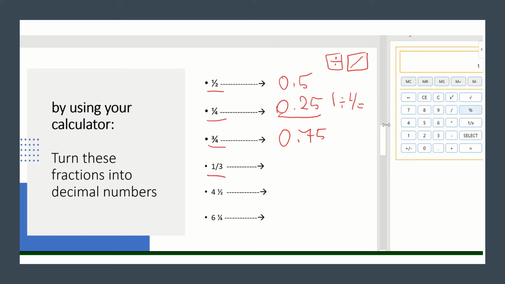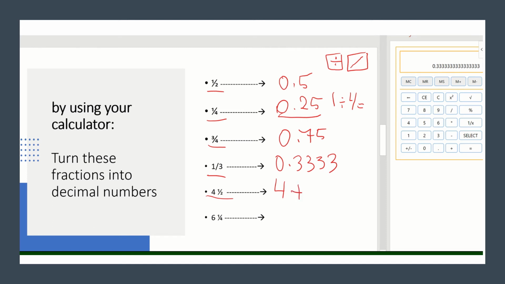Third, 1/3, which is 0.3333. So I only take 4 points, or 4 numbers after the point. It is enough. 4.5. Here we have the whole number 4 and a fraction, which is half.